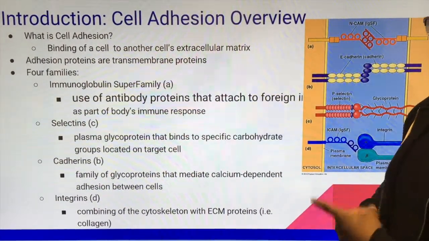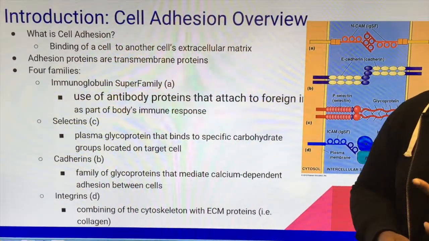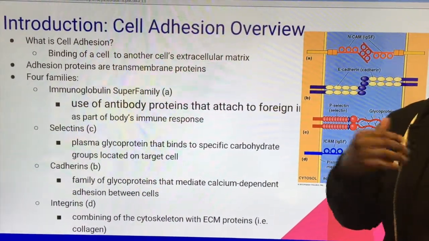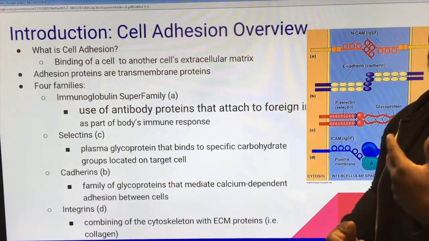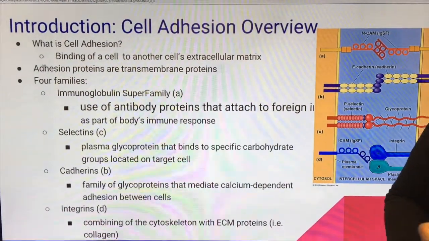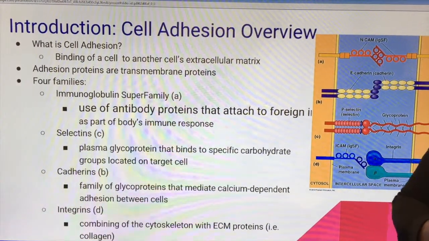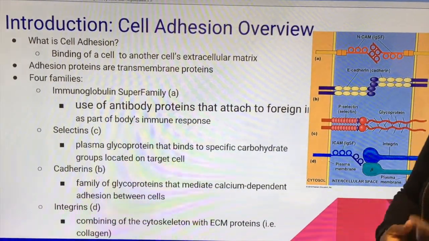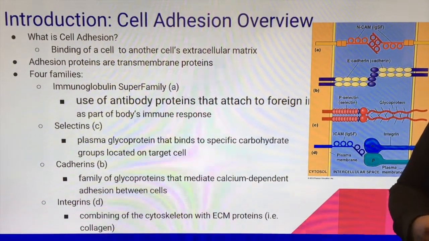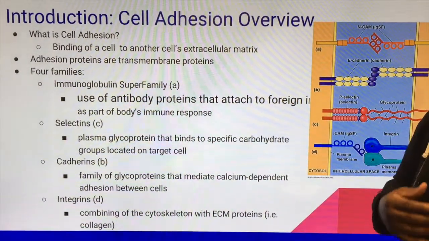The immunoglobulin superfamily uses antibody proteins that attach to a foreign invader as part of the body's immune response. Selectins are plasma glycoproteins, and they bind to a specific carbohydrate located on the target cell.